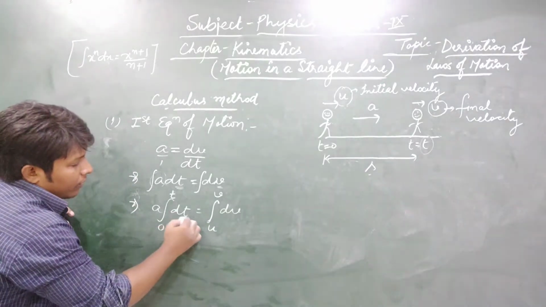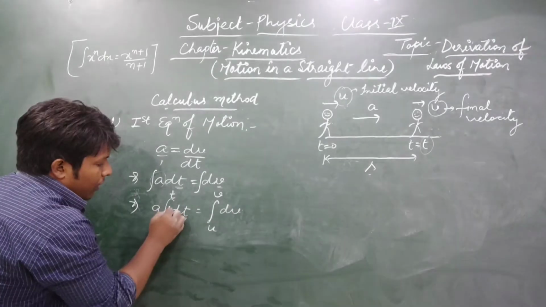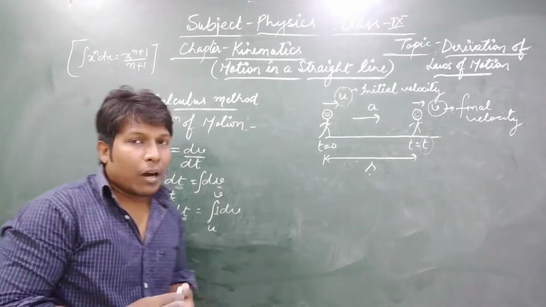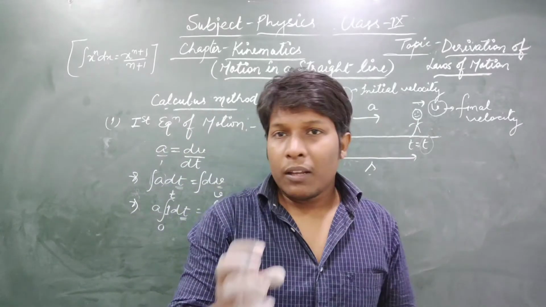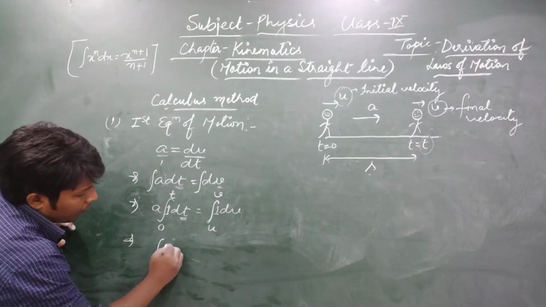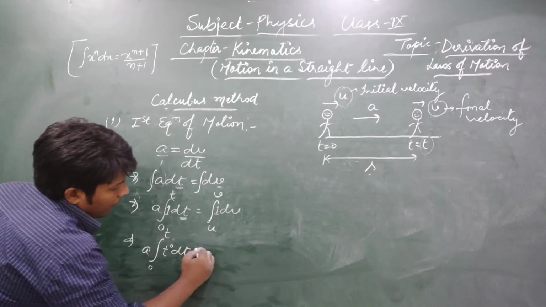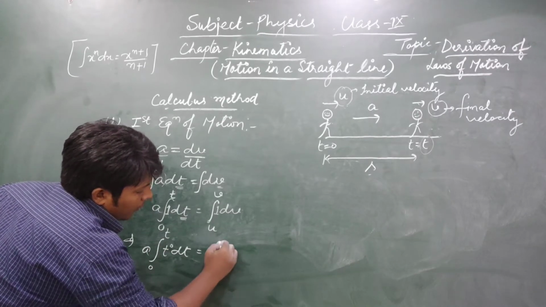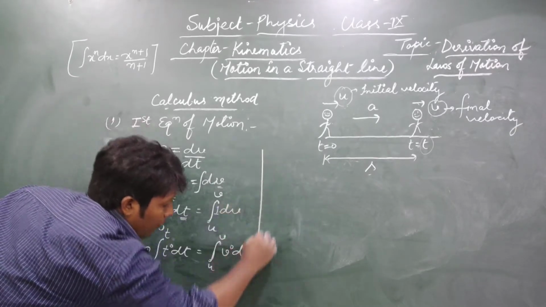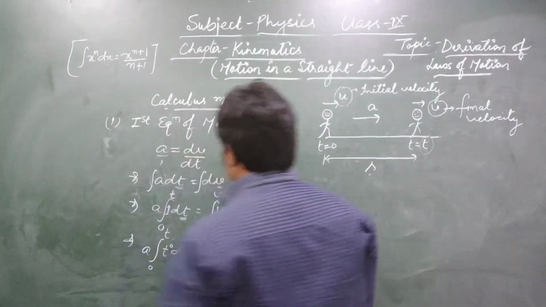So here the integral dt is written as 1 multiplied by 1, here also multiplied by 1. If the power of any variable is 0, the value of that term is 1. So in the place of 1, we can put t raised to power 0 dt, 0 to t, and here also integral u to v, v raised to power 0 dv. Any problem? The value becomes 1 again, so it doesn't make any impact on the expression.